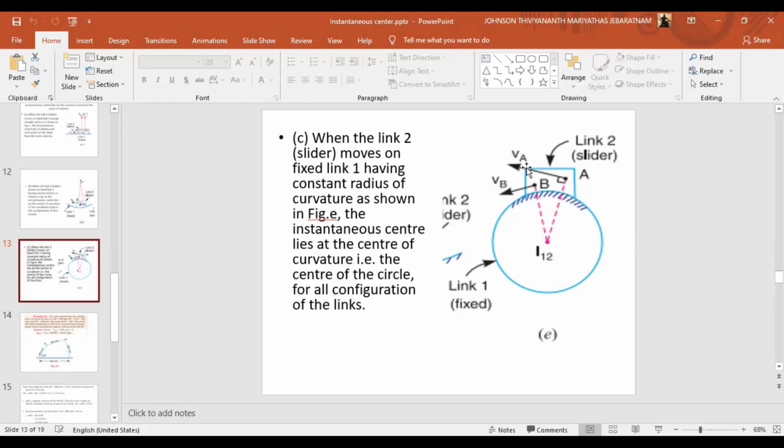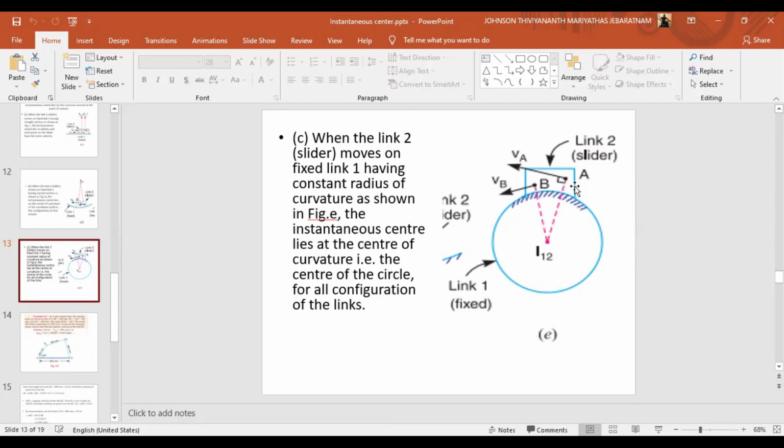When the link 2 slider, this one is a slider, moves on link 1, this is a fixed link. When you see this type of lines, you need to understand this is a fixed link. Fixed link 1 has a constant radius. The instantaneous center lies at the center of curvature, that is the center of the circle, for all configurations of the links.